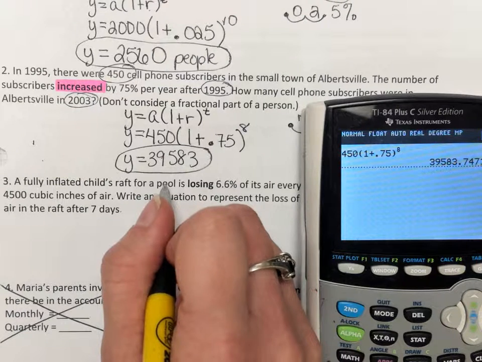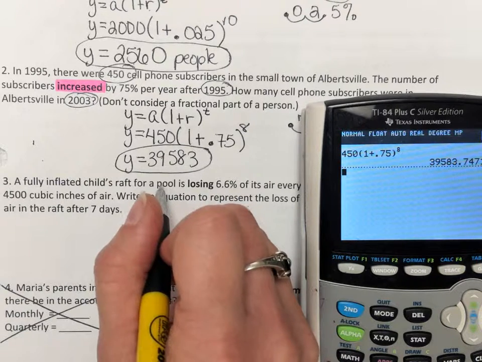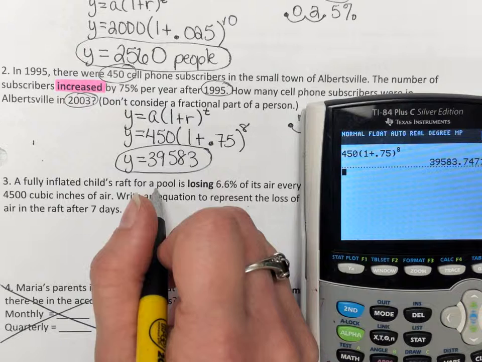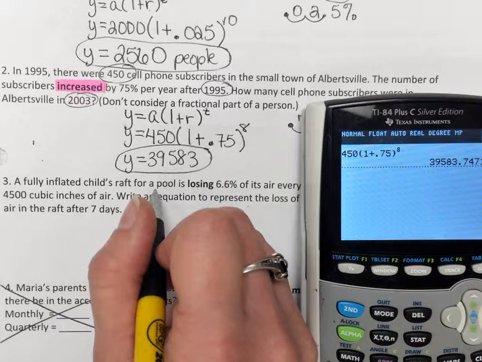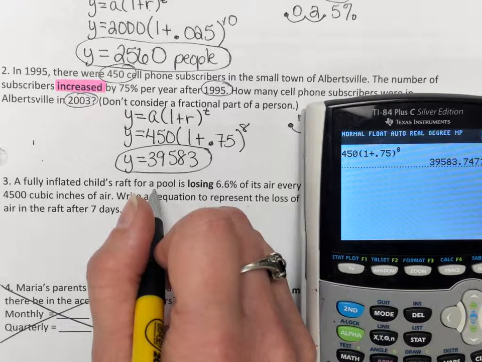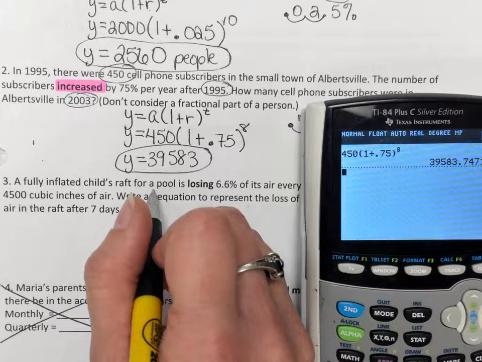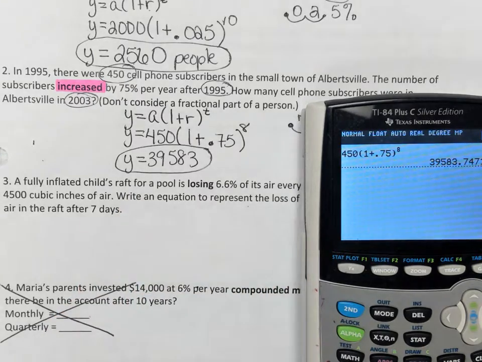Good? Okay, JC? You sure? Positive? 39,503. Yep. Do you need help? Yes? Okay. All right.